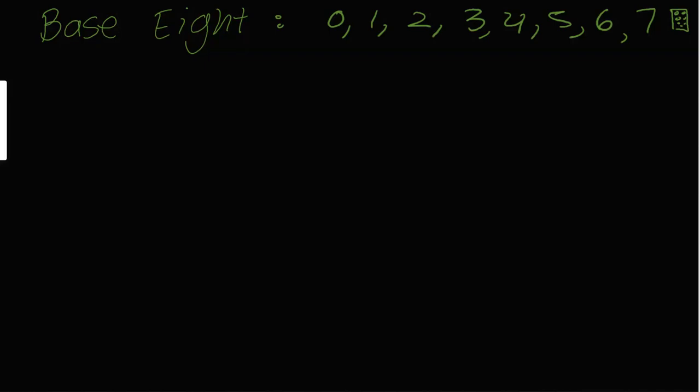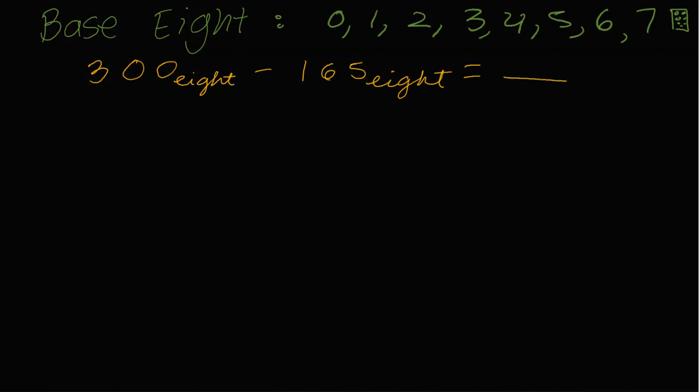So, let's say you have this subtraction problem: 300 in base 8 minus, let's say, a 3-digit number, 165 in base 8. Equals what in base 8?